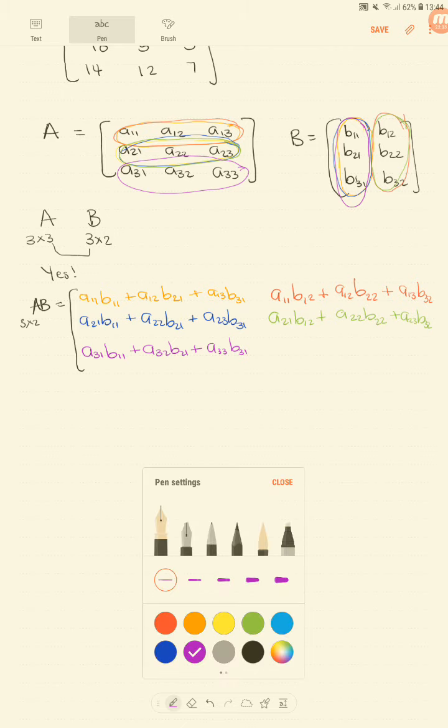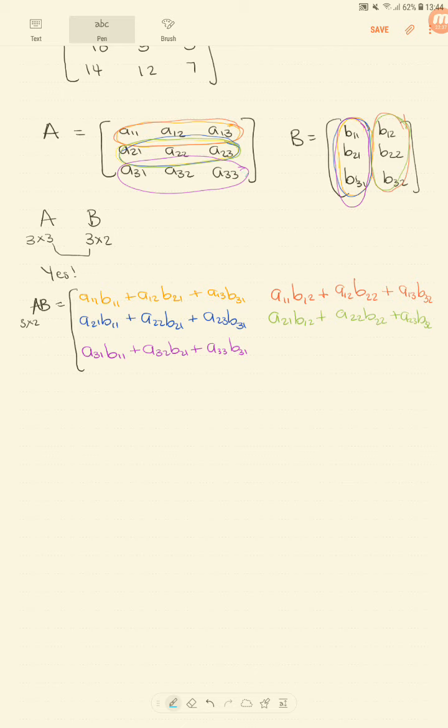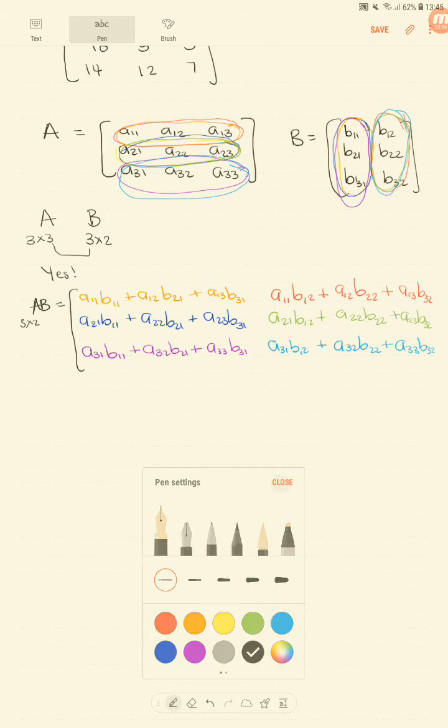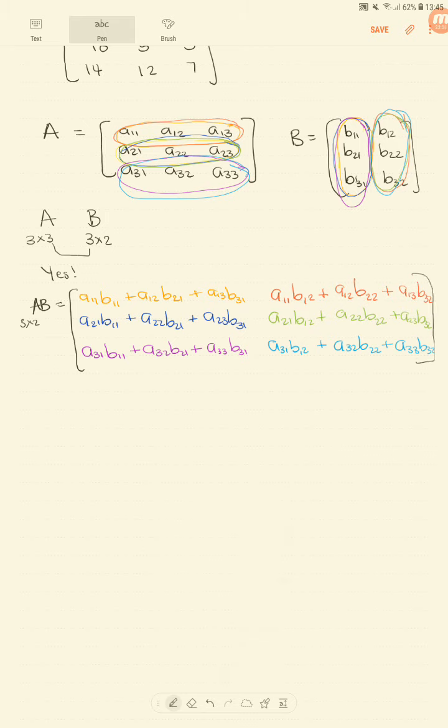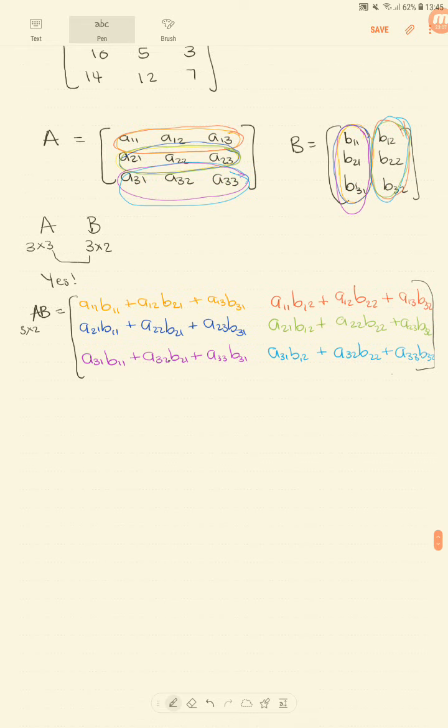And finally, row 3, column 2: A31 B12 plus A32 B22 plus A33 B32. What do we end up with? 1, 2, 3 rows by 1, 2 columns.